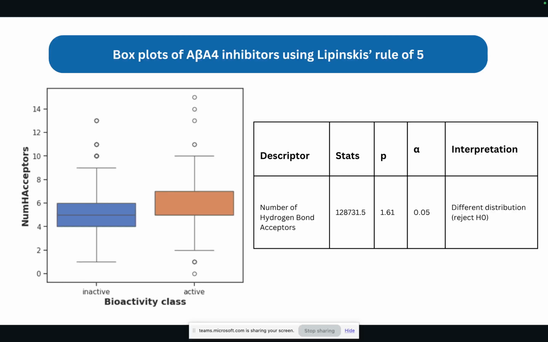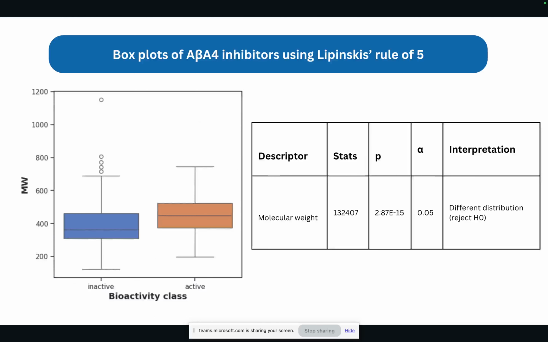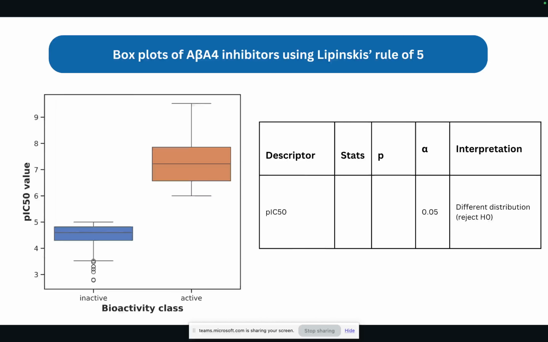Similarly, the number of hydrogen bond acceptors should be less than or equal to 10, the number of hydrogen bond donors should be less than or equal to 5, and molecular weight should be less than or equal to 500. This is to visualize how the data set looks, how many are active and how many are inactive in our data set.